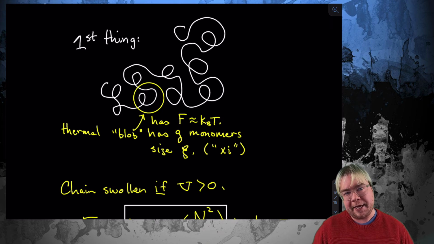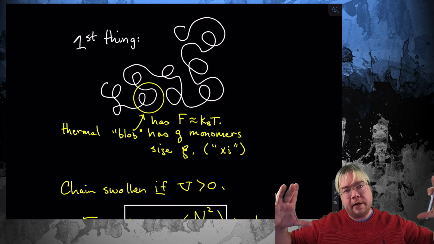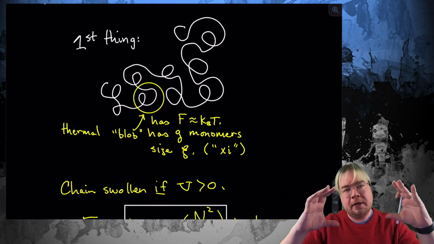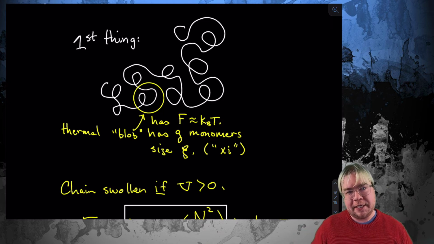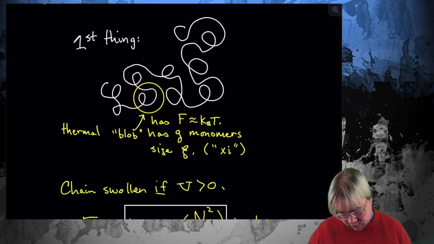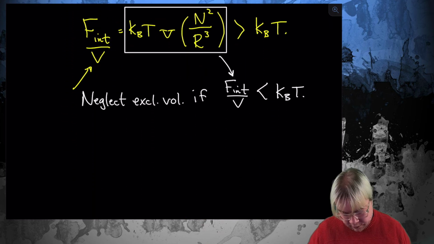That's an assumption that I'm making, but certainly there is a blob that has a free energy of kBT. I mean, there has to be. If this blob is too big, then I just make one smaller and smaller and smaller until that blob has energy kBT. So that's going to be my thermal blob. So it's kind of an assumption, but there's nothing ridiculous in that. So, all right, that's fine.